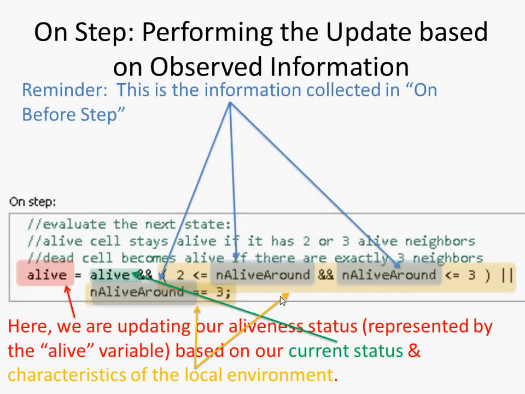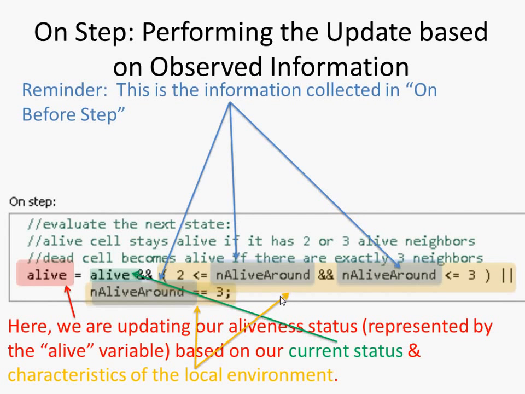I think it could be done a little bit more clearly, but I'll explain it. The big picture thing is that this is being assigned to because we're updating whether or not we're alive. That's our only aspect of state. It's updating it based on our current liveness to this point and the state of those around us. That's the big picture.